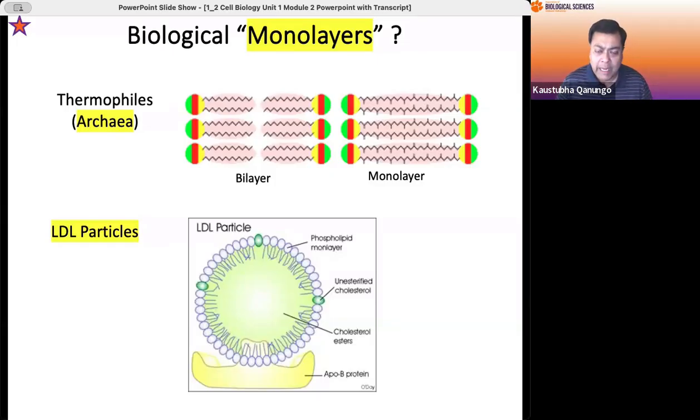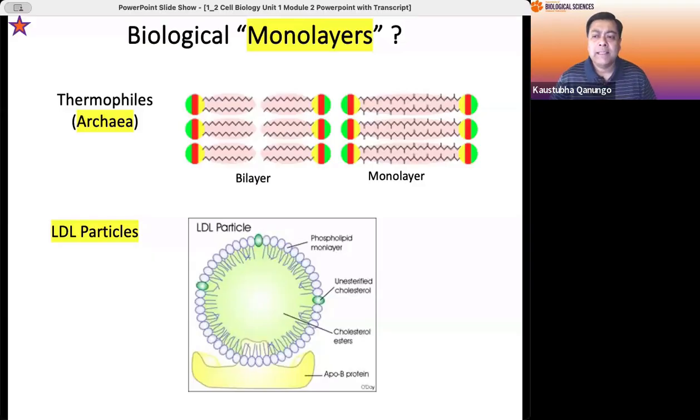In the archaea, particularly the thermophiles, what we mean by that is they thrive in extreme geothermal conditions. Sometimes they are in hot water springs, mud ponds, or undersea hydrothermal vents where the water is almost boiling, and they can withstand boiling water temperature and thrive in those conditions.